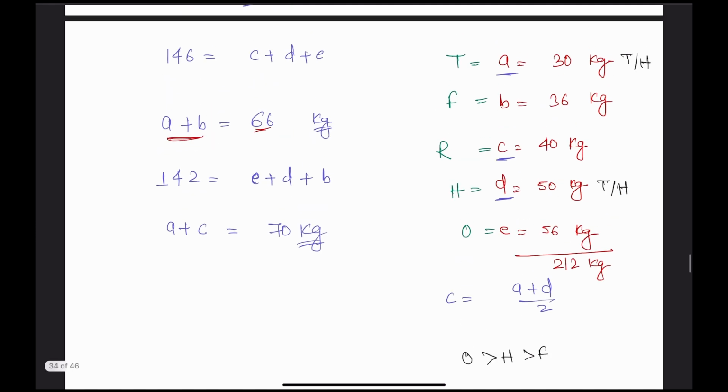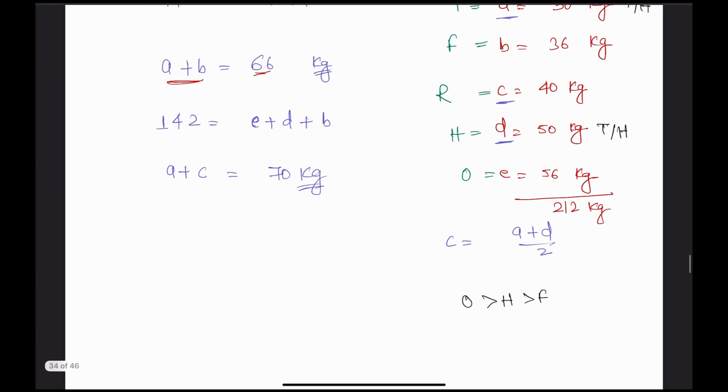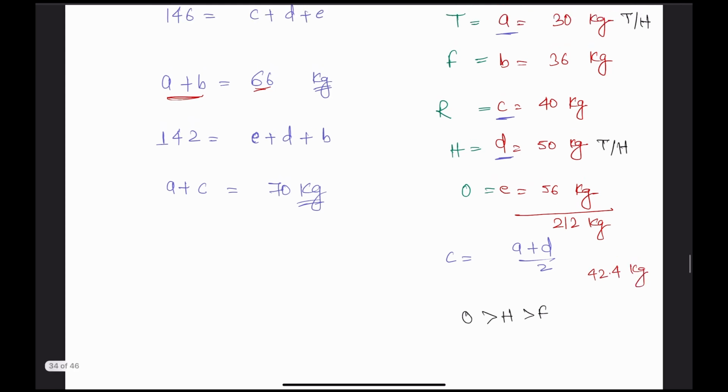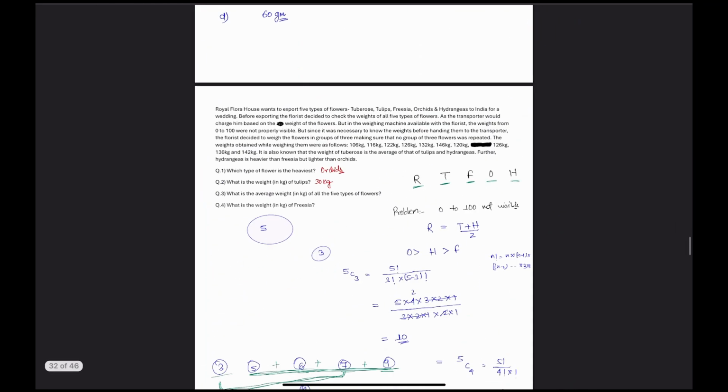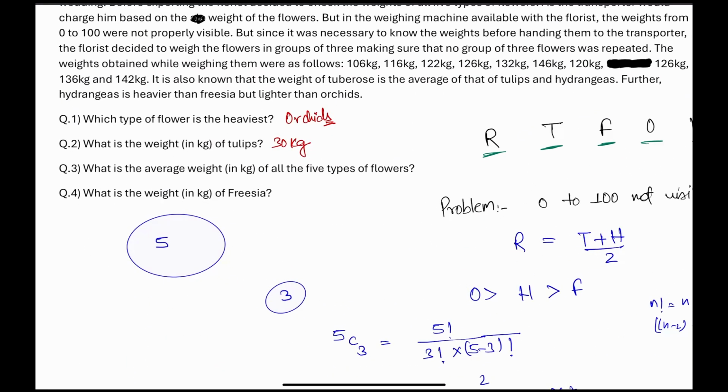Now we just need to divide it by 5. If we add 30 plus 36 plus 40 plus 50 plus 56, the sum is 212, so the average is 42.4. So the answer of the third one is 42.4 kg.